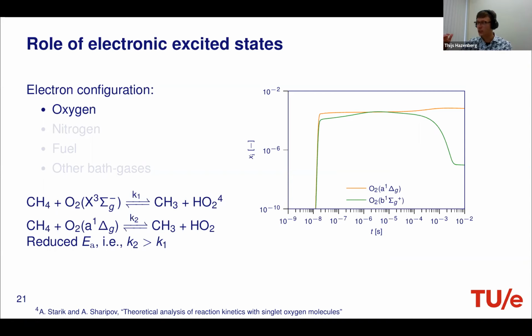Because these electronically excited states are also at a slightly higher energy level than the ground state, they generally also provide a reduction in the activation energy of reactions, which can then provide an acceleration in reactions with, for example, methane. And this is something beneficial. So we would like to see these kinds of electronically excited states being produced.